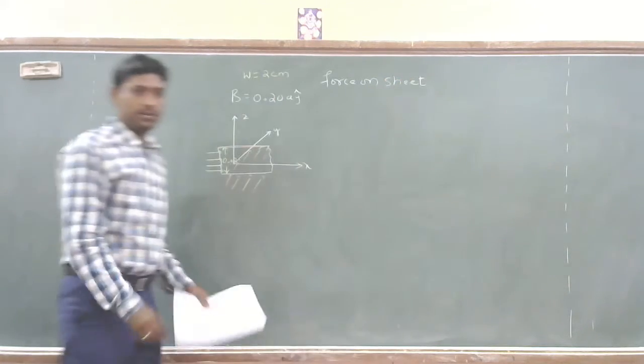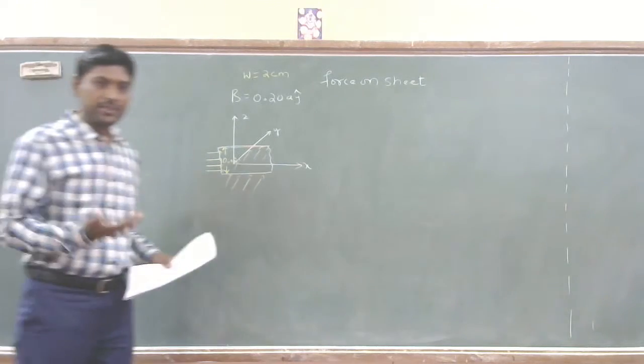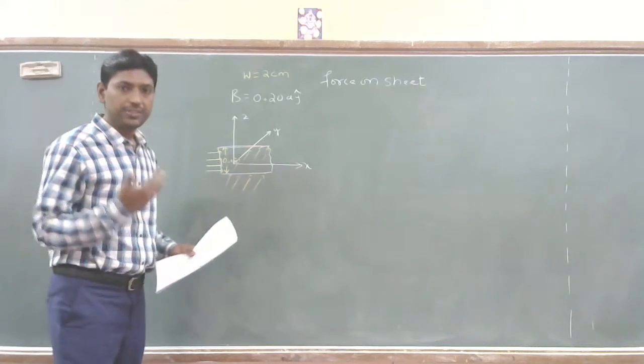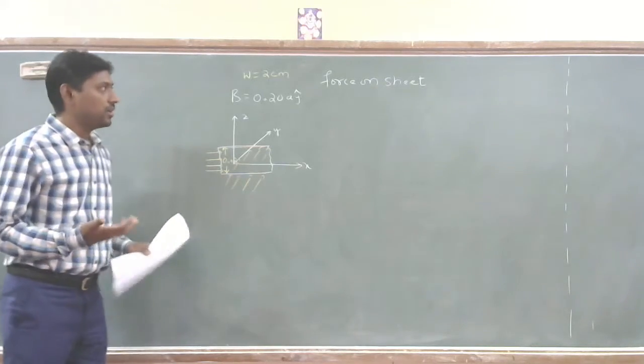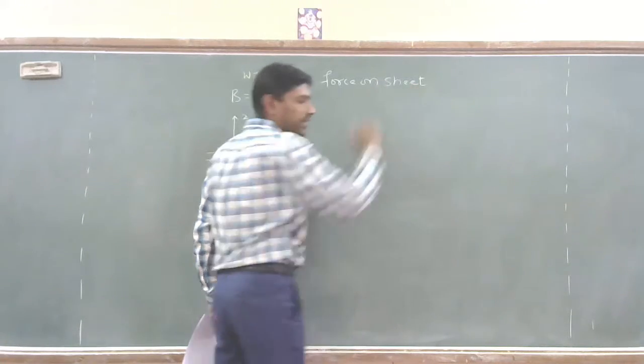So far we have found the force on the filament conductor. Now they are asking us to find the force on a sheet, a conductor of a sheet carrying current.